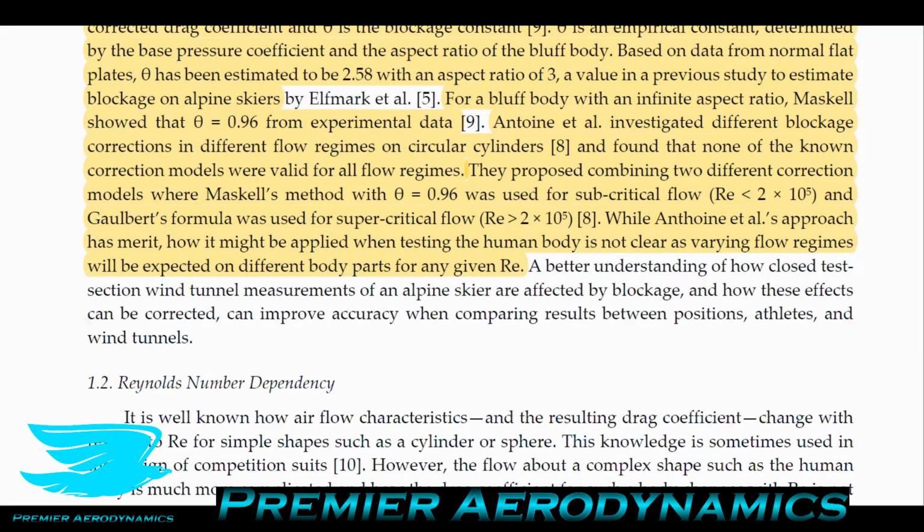Moving on with these researchers who investigated these circular cylinders, they found that no blockage corrections were good for all regimes. They proposed combining two different correction models, where Maskell's method with a theta of 0.96 was used for subcritical flows, so Reynolds numbers below 200,000, and then a different formula when the Reynolds numbers were above 200,000.